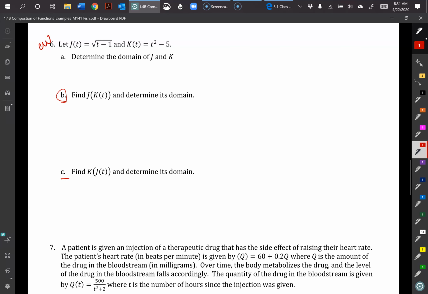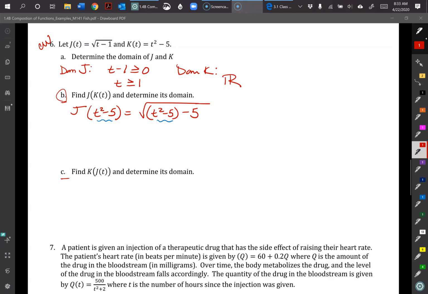That one's not algebraically challenging. Let's try not to do more with it than you need to. And the same thing here, I think it's just the domains that are tricky. So go ahead and work those out and check back. I'll go through them really quickly, and then we'll talk about the domain.